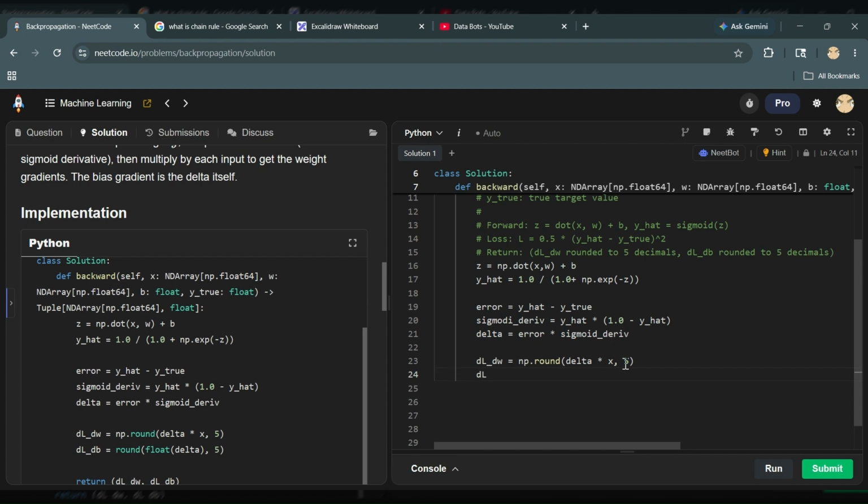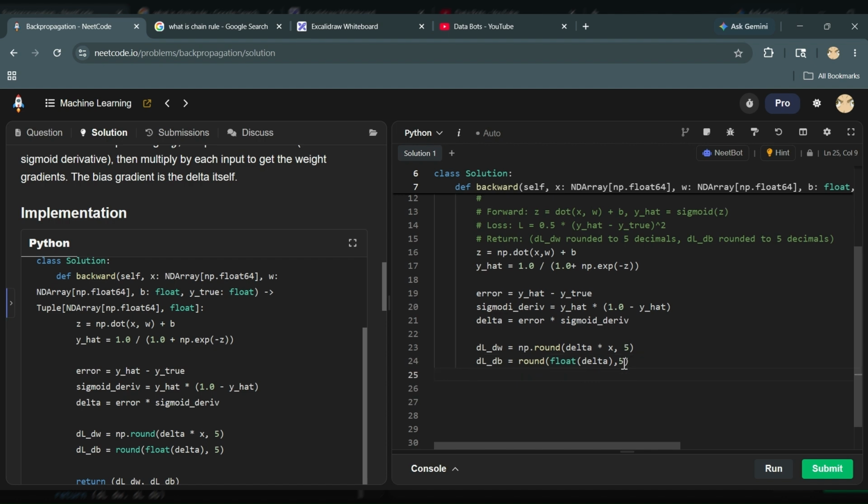That will be dL db, the differentiated bias. That will be the round of float of delta, comma 5. It's nothing, we're just making the delta a float value instead of something that goes beyond imagination.